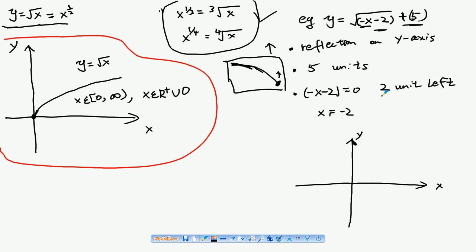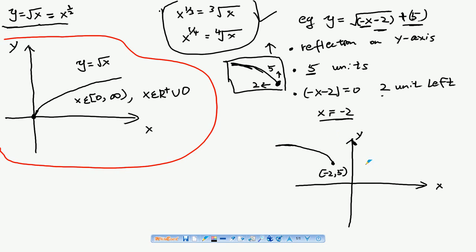And when it moves 2 units to the left, the starting point is also 2 units left. So the new starting point of the graph is moved 5 units up and 2 units to the left, which is minus 2 and 5. So the graph would look like that.